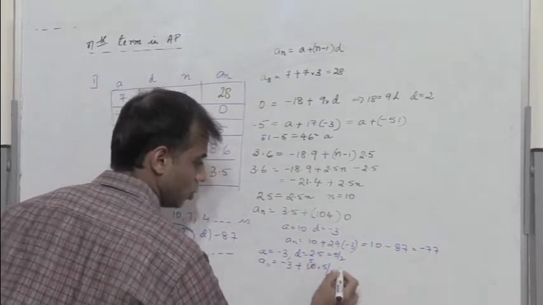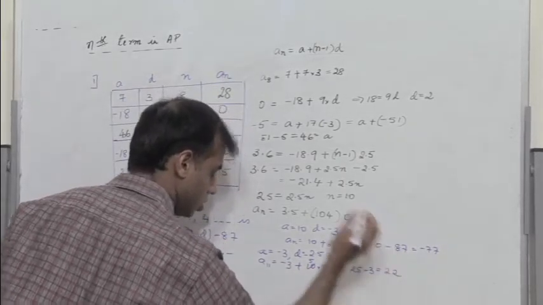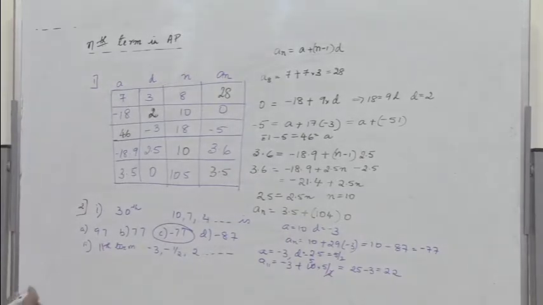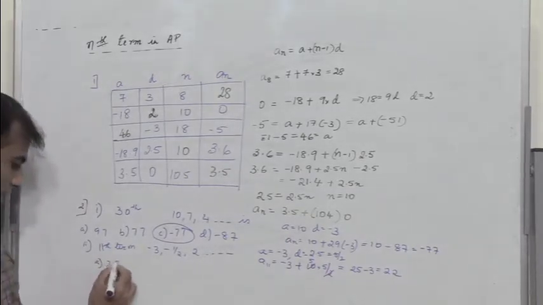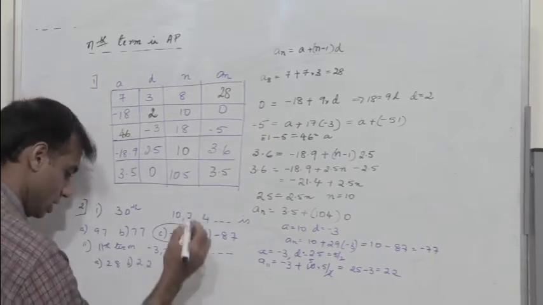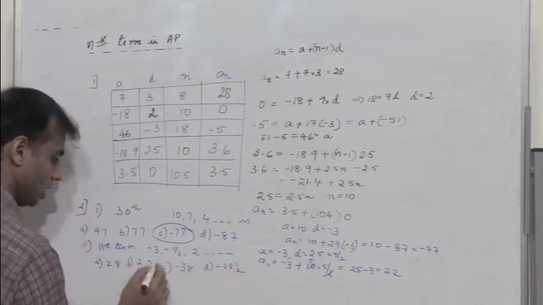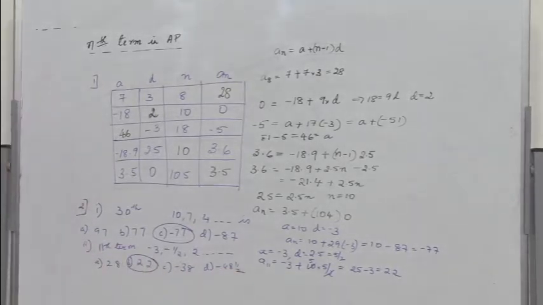So 2 and 5, so we get 25 minus 3, which is 22. So A11 is 22. So we have the options 28, B is 22, C is minus 38, and D is minus 48 and a half. So the right answer is B, which is 22.